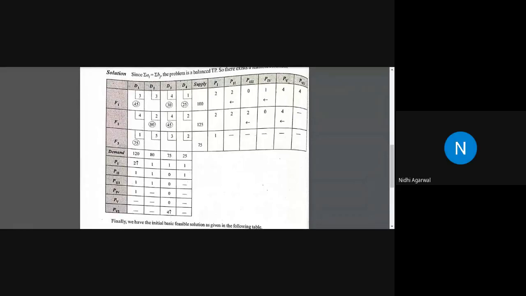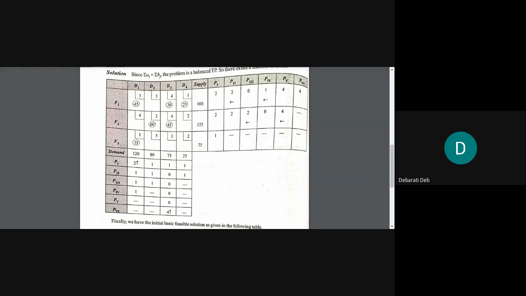Ma'am, in the D1 column, we need to see which one is the least cost. Yes, we will have to check which one is the lowest cost. Here you can see the lowest cost is 1, which is in the cell F3D1. So we will have to allocate in that cell. Now we will compare the demand side and the supply side.